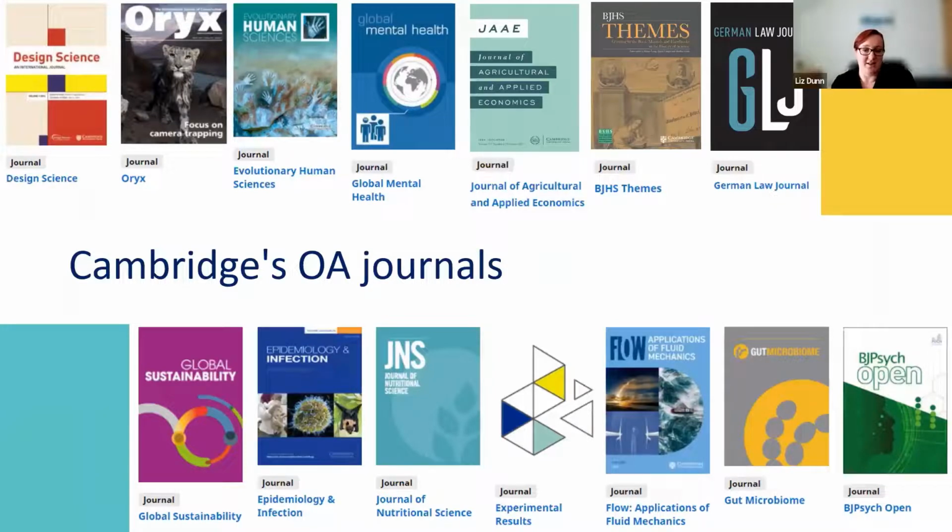This slide shows just a small selection of our fully gold open access journals, which you can see span a number of subject areas in the health and human sciences, microbiology, agriculture, engineering, environmental science, even history. The understanding of open access is growing in all communities, and funding pathways can be transferred from the so-called author pays APC model, the article processing charge model, to a library pays read and publish or transformative agreement model.